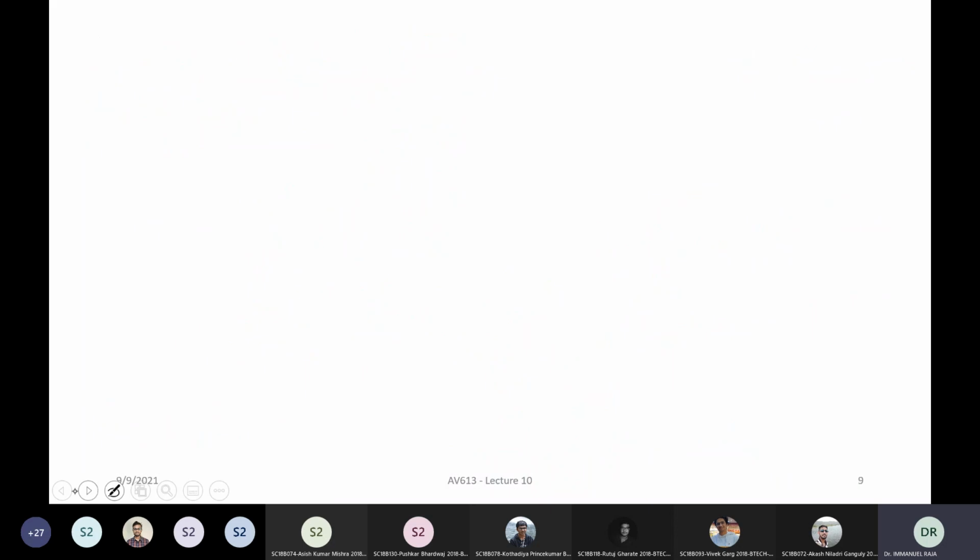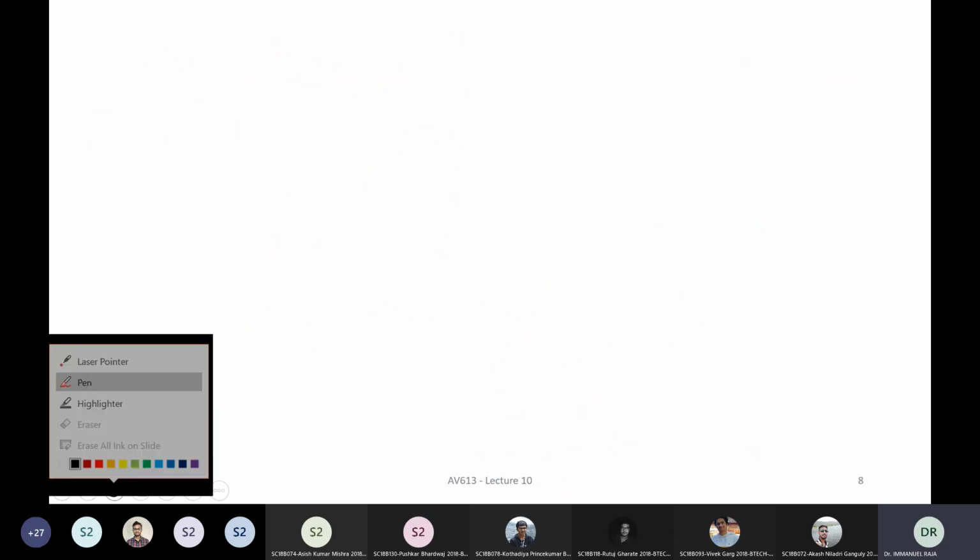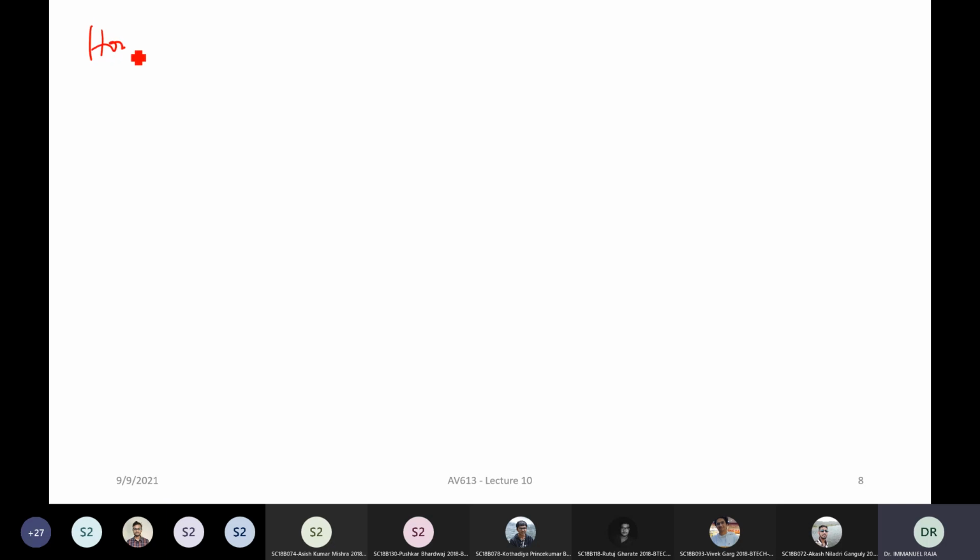Now, before we look at the solution to this problem, let us look at how to generate VB. So far, we looked at this cascode thing. We saw two very good things happening, right? And we know that VB has to be equal to VGS3 plus VGS1.